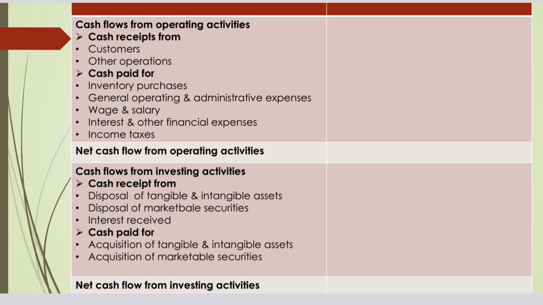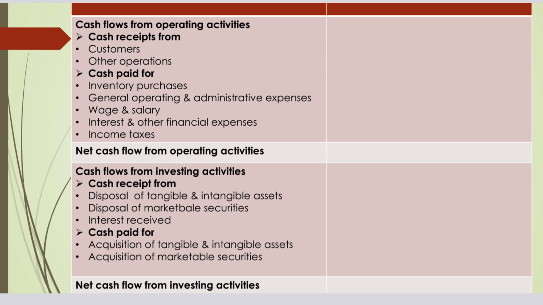However, in the second section we have the cash flow from investing activities. It is like the operating activities. We have the cash flow in and the cash flow out. Here the cash flow in means the cash received when the company disposes of tangible and intangible assets, or marketable securities, which means the financial assets, and the interest received.